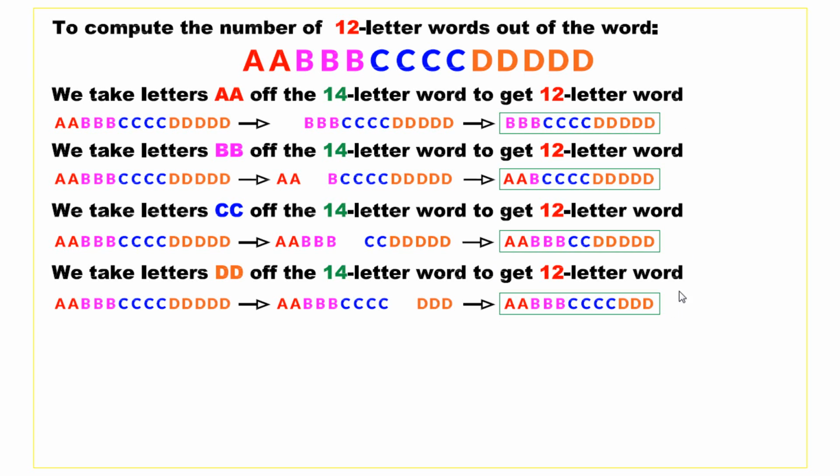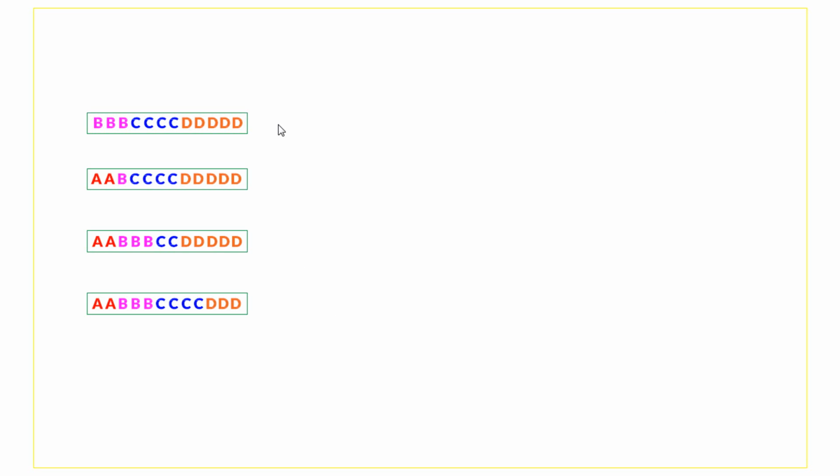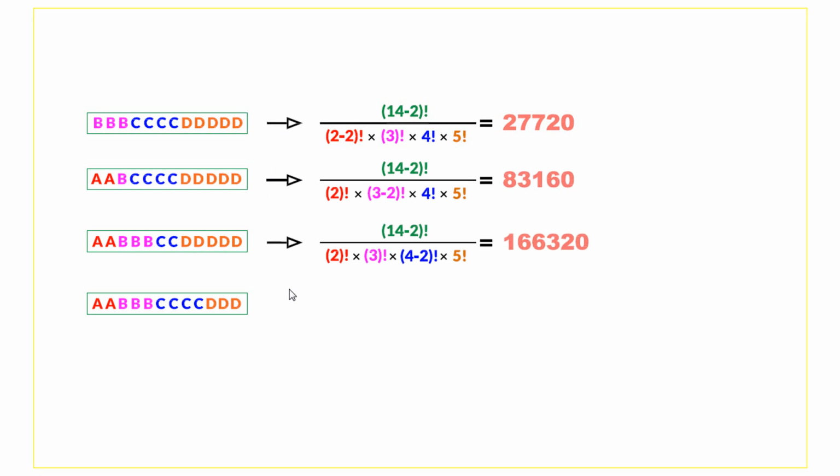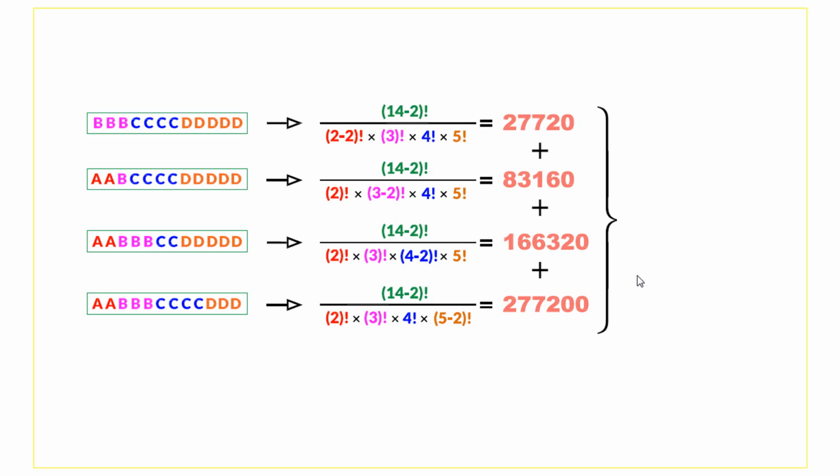Now we isolate these four cases and bring them back a bit, and we write the corresponding permutation of each case. As we see here, we add them together and we get the total number of permutations for these four cases.